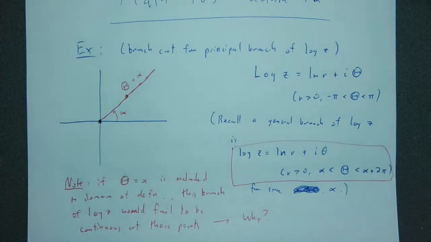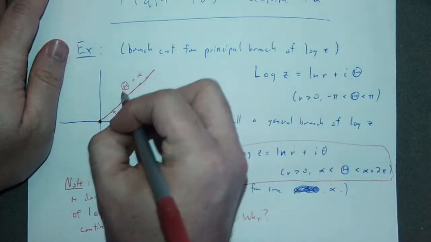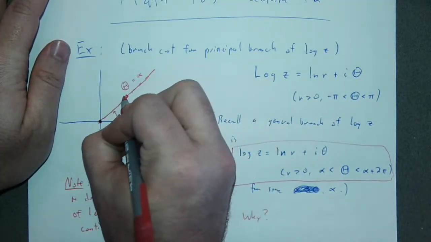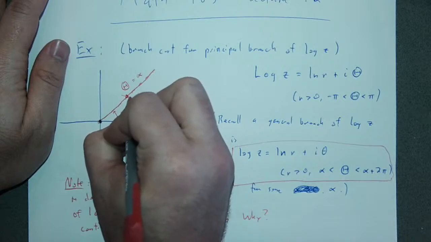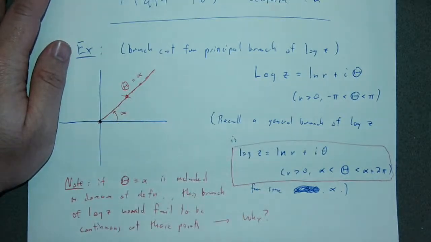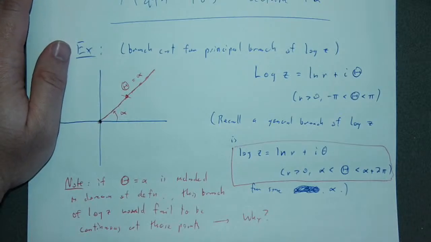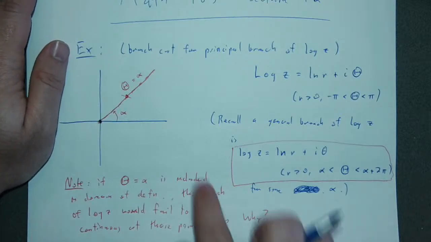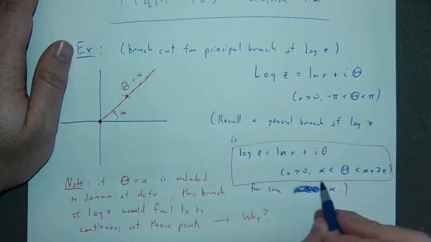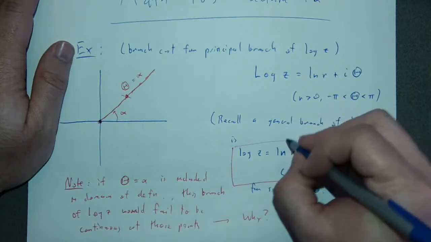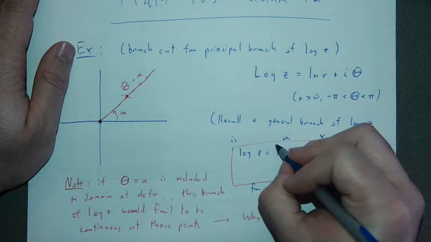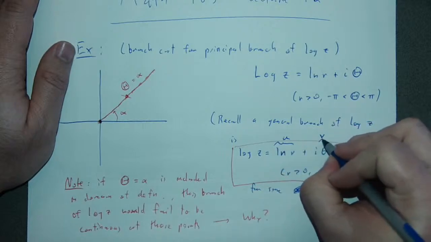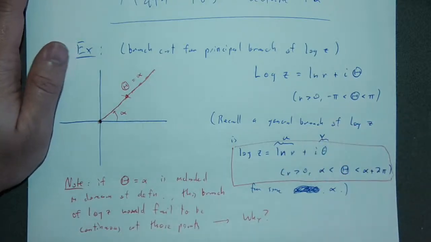The problem is that as I get arbitrarily close to this point, if I think of this as being u and v here, so u is ln of r and v is theta.